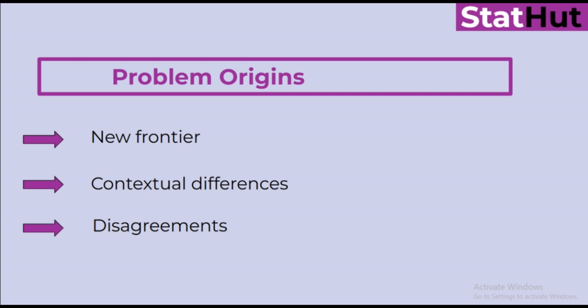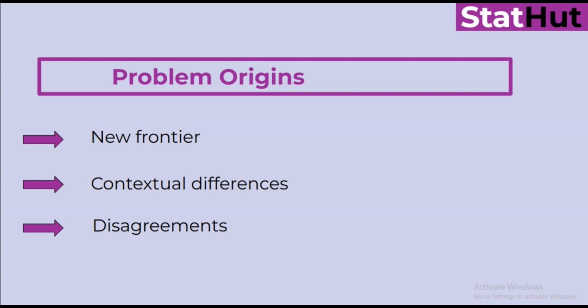Now, the next one is contextual difference. Someone can carry out a research in Nigeria or maybe America, right? And you saw that journal, and then it can occur to you, or you can just pick up interest to see how you can carry out the same research in another place, perhaps in a rural environment.